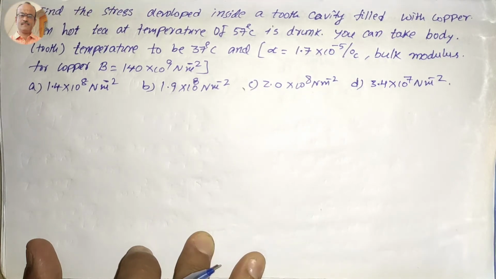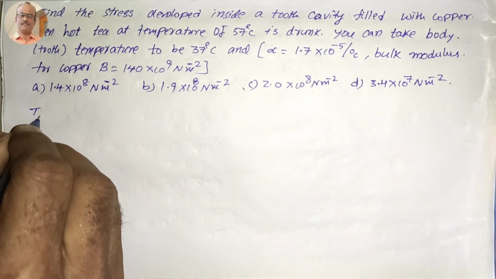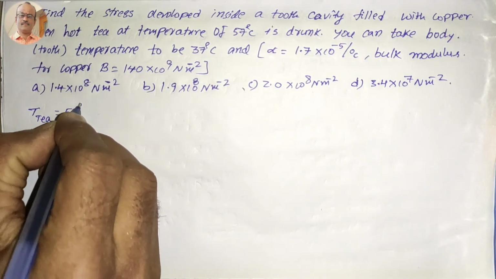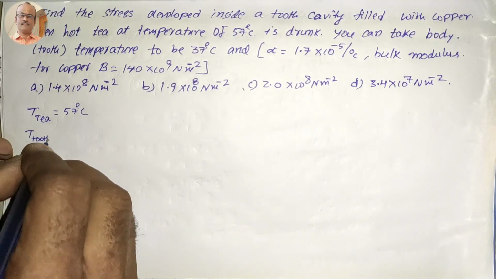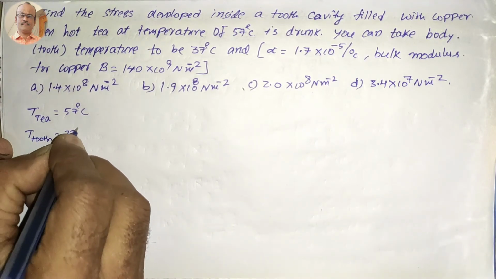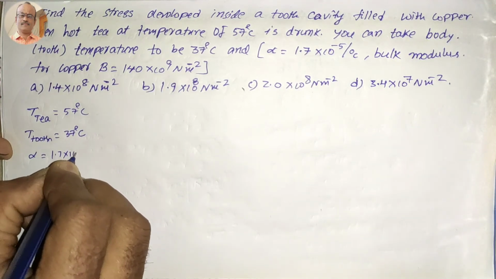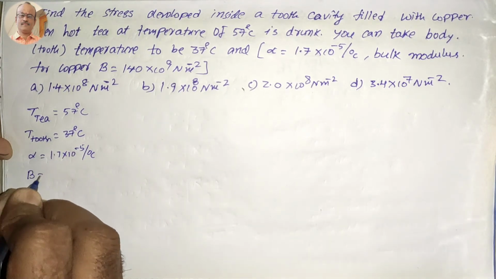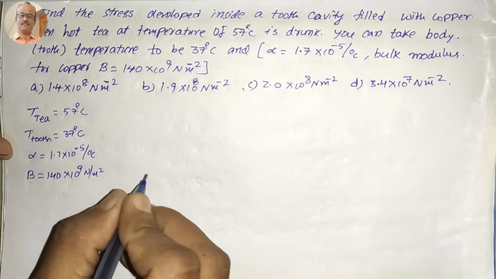So here which one do we want to calculate first? That is stress required. So first of all, temperature T is equal to 57 degrees centigrade and temperature of tooth is equal to 37 degrees centigrade, and alpha value given is 1.7 into 10 to the power of minus 5 per degree centigrade, and bulk modulus is given 140 into 10 to the power of 9 Newton by meter square.